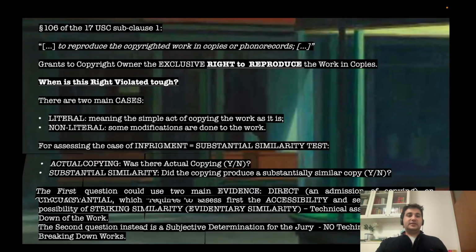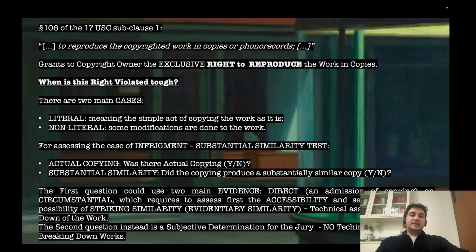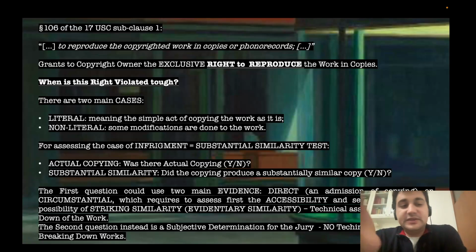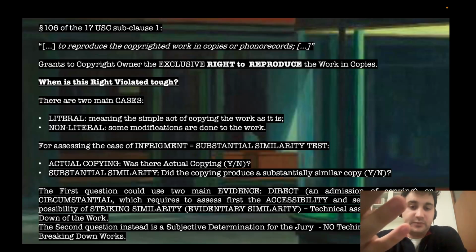So let's go and see. The first one is the right to reproduce, okay? The right to reproduction is the right, as we've seen before, to prohibit, authorize or not authorize copies of the copyrighted work, when it is violated in two ways, in literal or non-literal ways.